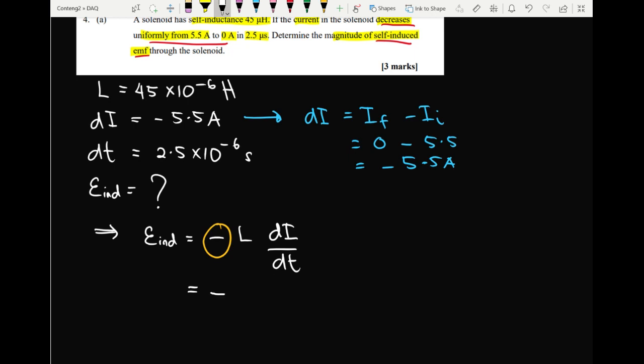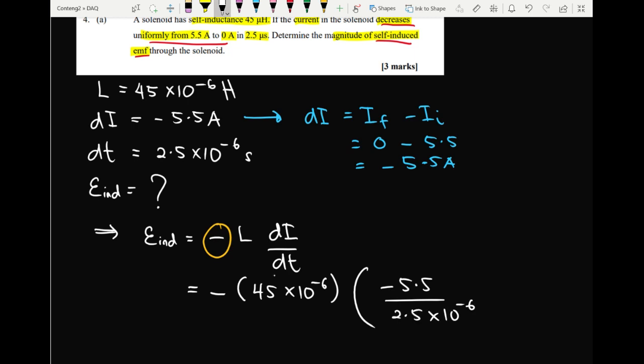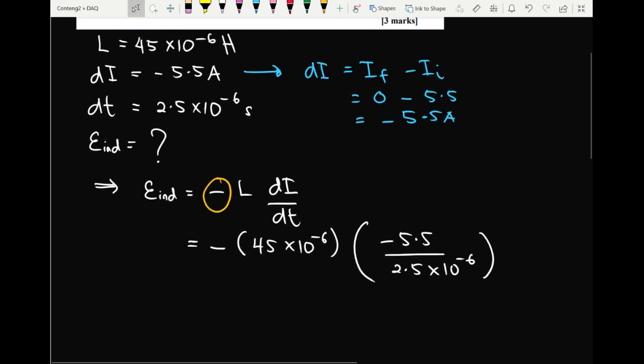So now, negative, your L is 4.5 times 10 to the power of negative 6, and the dI is negative 5.5, and the dt is 2.5 times 10 to the power of negative 6. Now you can use your scientific calculator, whereas this one can be cancelled out. So negative becomes positive.